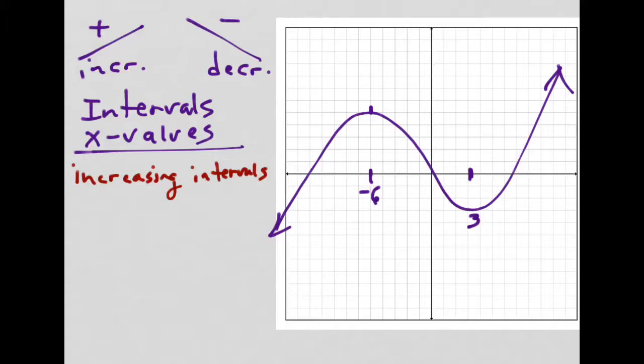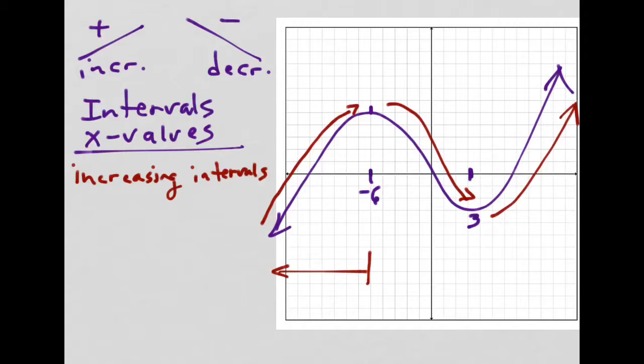All right? So let's see, I'm going uphill here. All right, then I'm going downhill here. And then I'm going uphill here. Okay, so I've got two intervals where I'm increasing. So from here, going that way, and from here, going that way. Okay, so negative infinity, positive infinity.